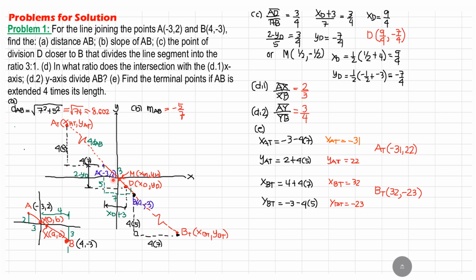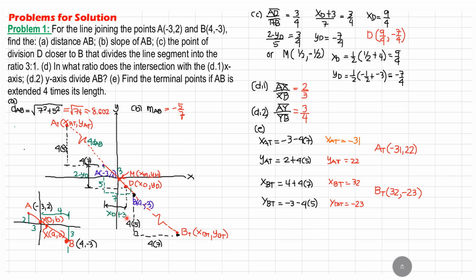So xD minus negative 3 is xD plus 3, while the vertical distance between A and D is upper y, which is y of A, 2, minus lower y, yD. So 2 minus yD. Substitute 3/4. So that's also the ratio of xD plus 3 as to 7, because the horizontal projection of AB is 7.